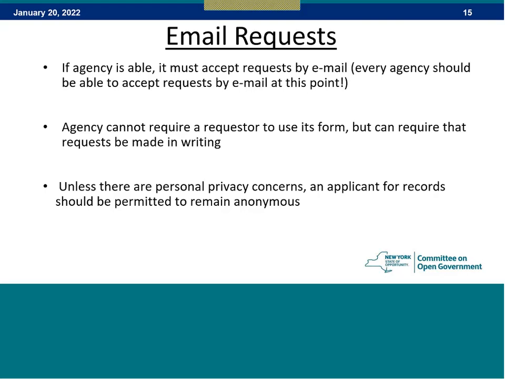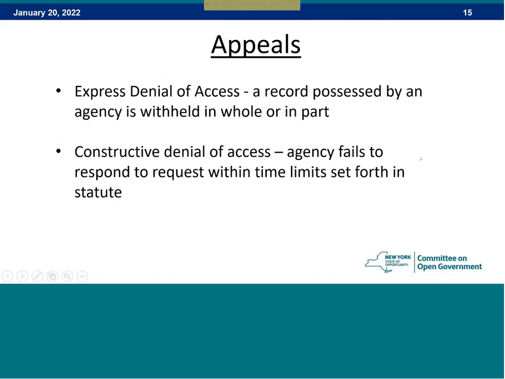They could send a request from Big Bird at 123 Sesame Street at gmail.com. It doesn't matter. If the record is public to one, it's public to all, and there's no need to require that they provide their identity.